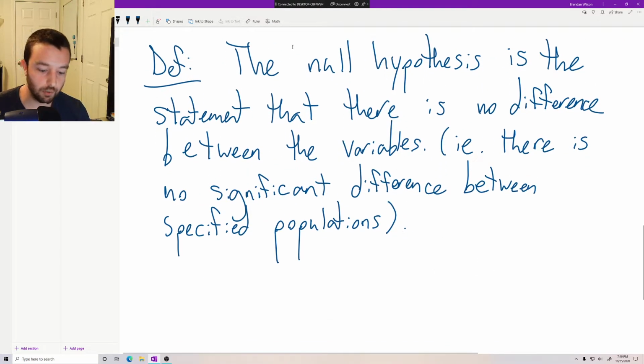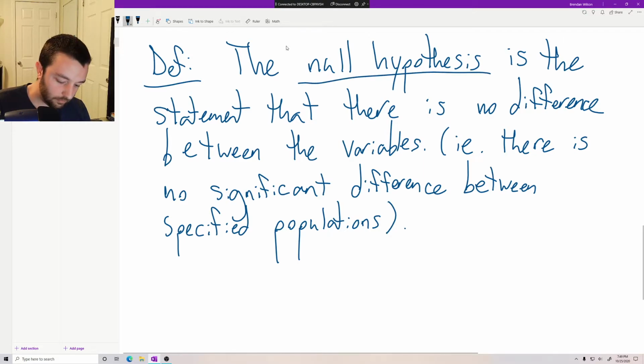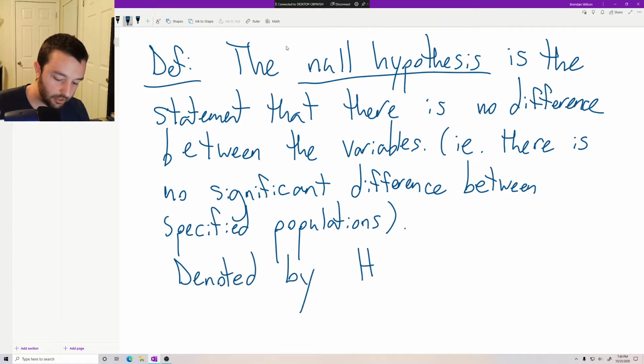So this is one of the two hypotheses that we'll have. By the way, the null hypothesis is denoted by H sub 0. Okay, so we have H with a subscript of 0.